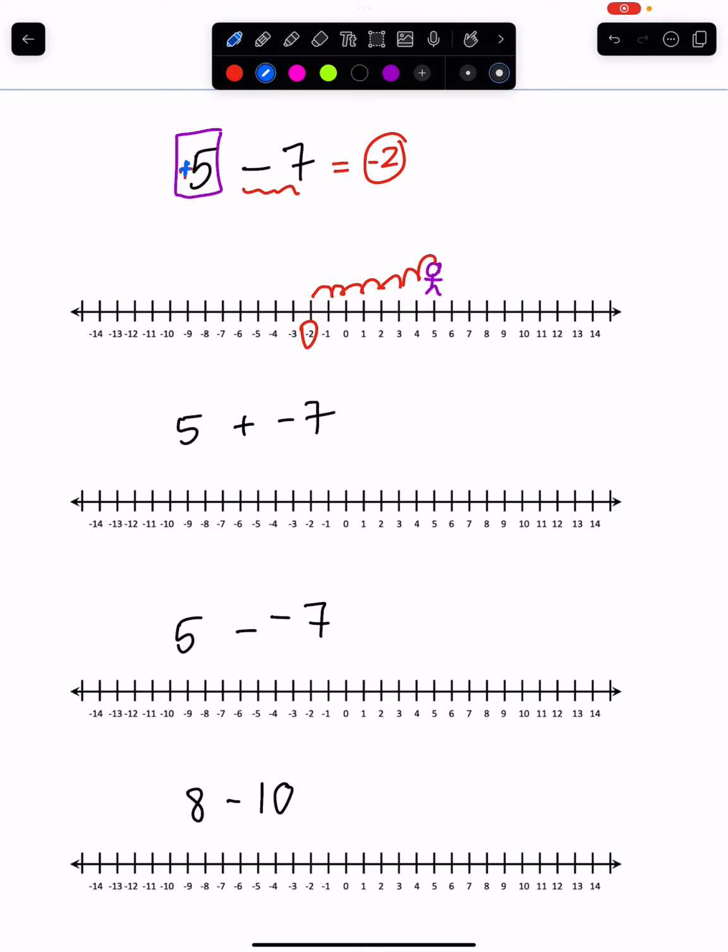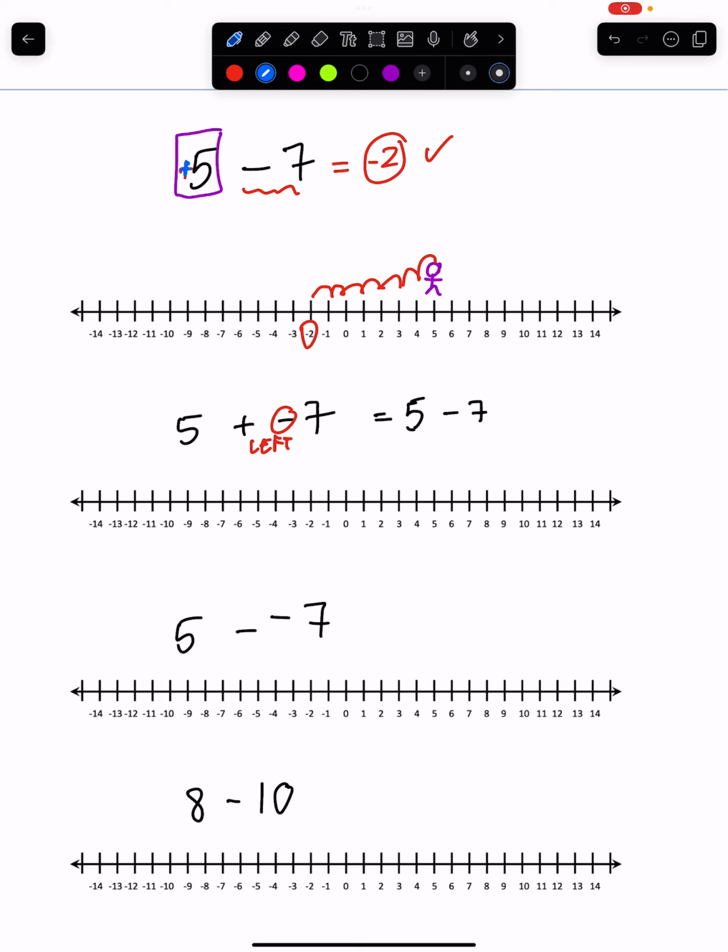All right. So just to kind of mix this up, so 5 plus -7, sometimes that can mess students up. That's the equivalent of 5 minus 7. That's a little bit more clear. Plus a negative, that still just means move left. Okay? So you could start out at 5 and you can move left 7, just like we did right here.